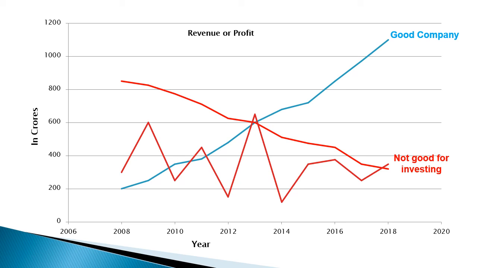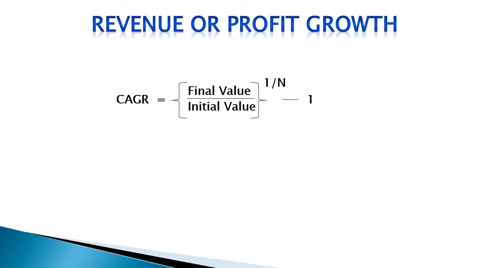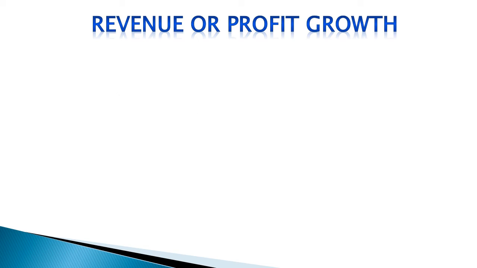Growth rate of revenue and profit are calculated using the compound annual growth rate formula, or CAGR. CAGR is calculated as final value divided by initial value, whole raised to 1 by number of years. Then you have to subtract 1 from the resultant. For example, assume a company whose revenue was 250 crores in 2008.